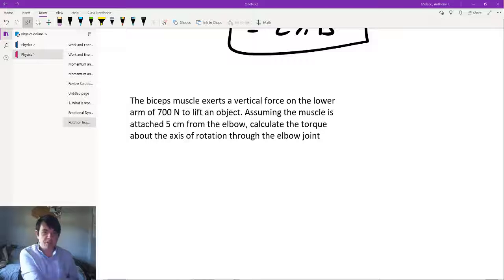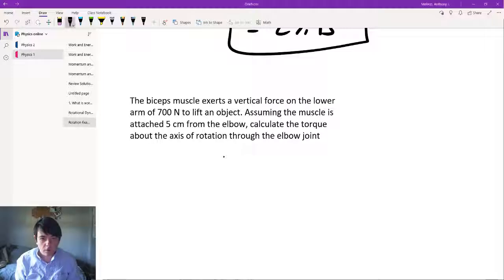So you're just lifting an object, and you're lifting up as you're doing it. Assuming the muscle is attached 5 centimeters from the elbow, calculate the torque about the axis of rotation through the elbow joint.